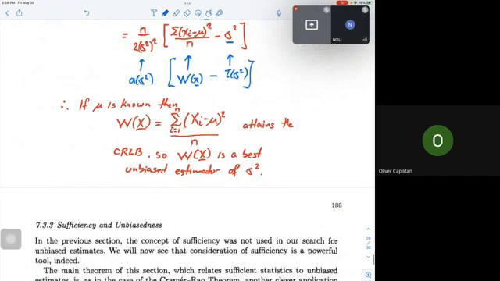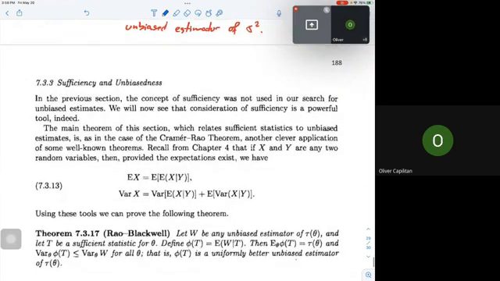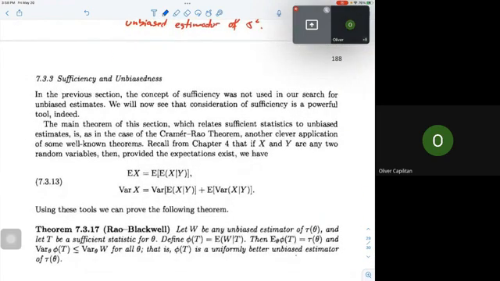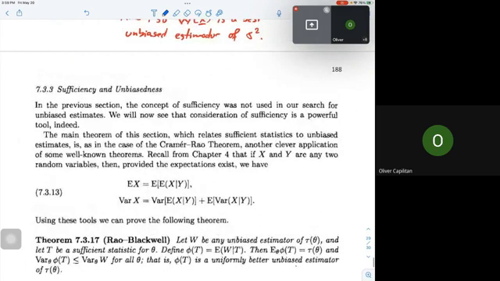Okay, so let's proceed to the next subsection. We have sufficiency and unbiasedness. Okay, so in the previous section, the concept of sufficiency was not used in our search for unbiased estimates. Itong sinabi niya dito, siguro nakalimutan niya, naggamit tayo ng sufficient statistic when we consider y there, which is actually the maximum order statistic. Like if you can still recall.